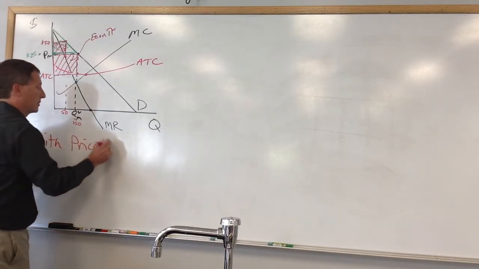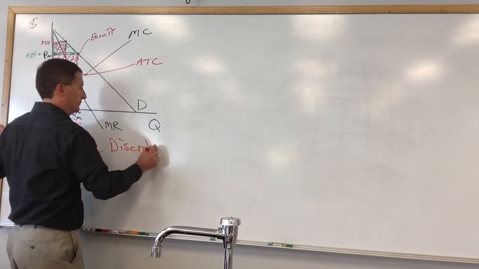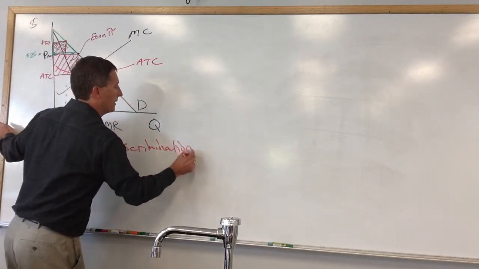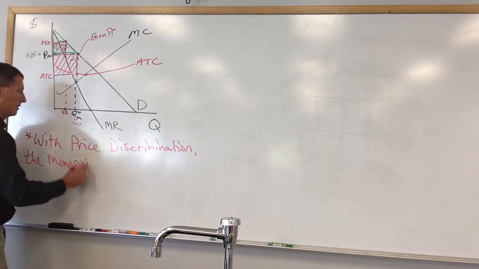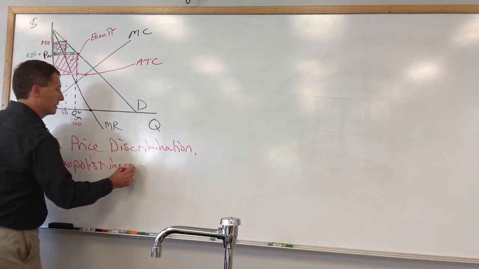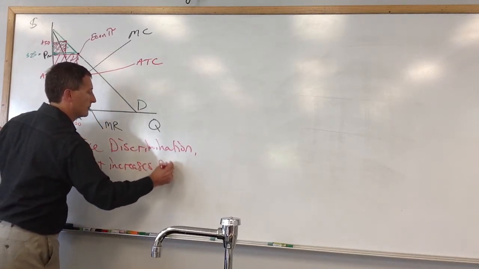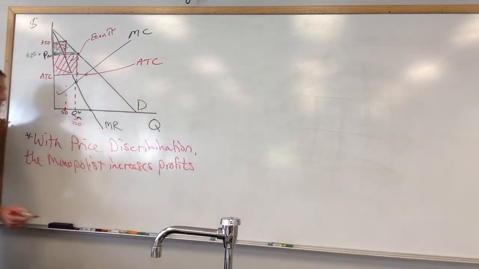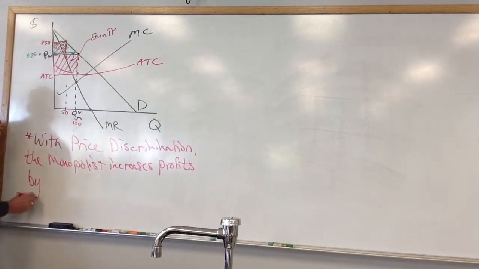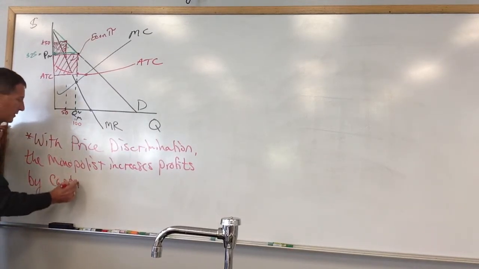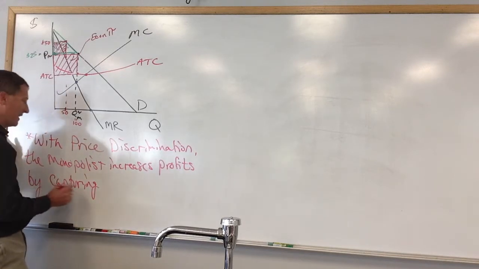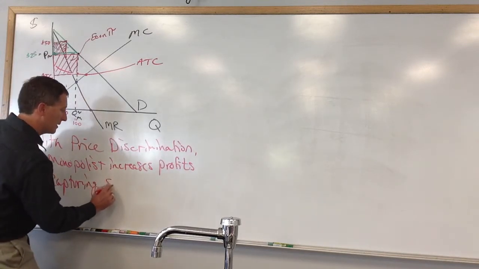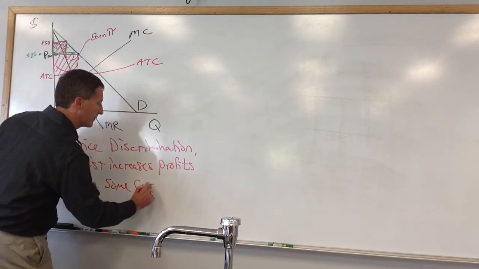So with price discrimination, the monopolist increases profits by capturing, somehow capture sounds better than stealing, because we're not really stealing something that they didn't have in the first place potentially, but by capturing some consumer surplus.